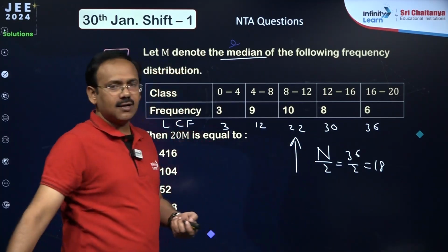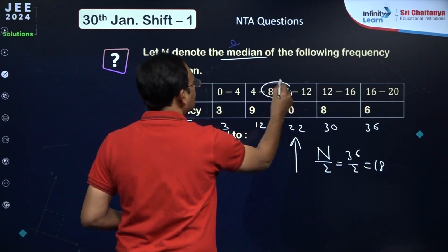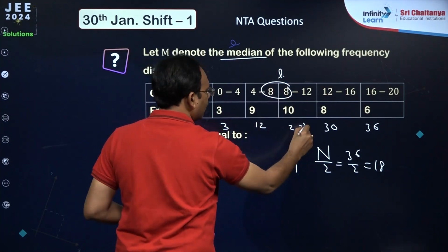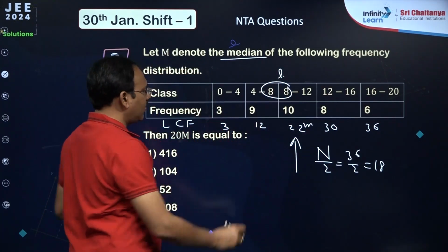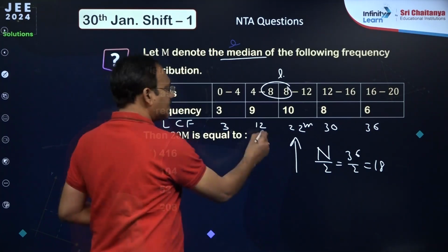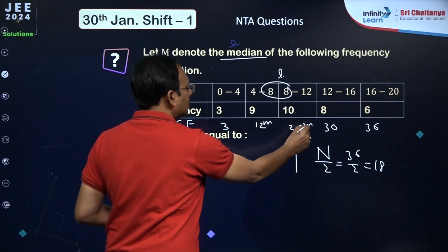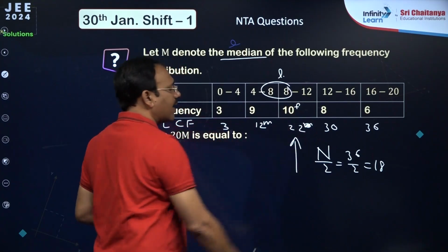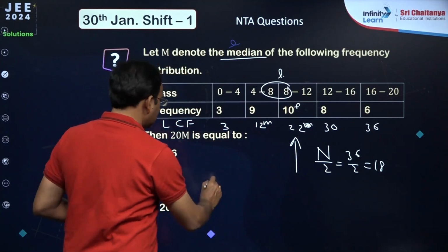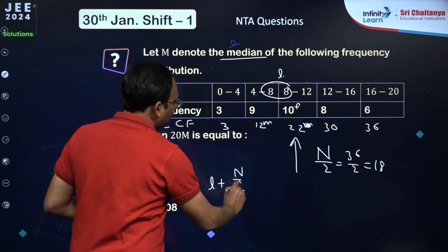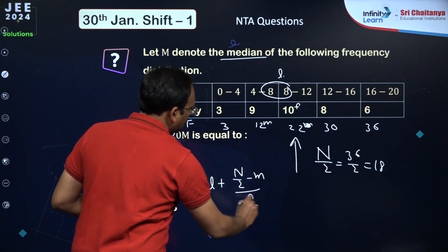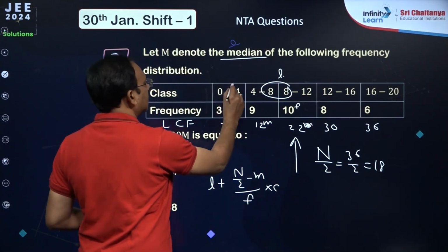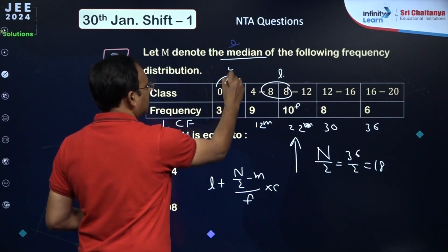This is the median class. Its lower boundary is L. Its less than cumulative frequency just before is M. Its frequency is F. So the formula for median is L plus N by 2 minus M by F into C, where C is the length of the class interval, which is 4.